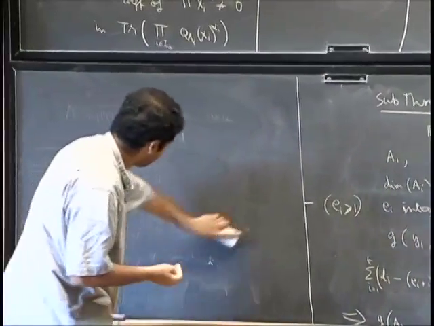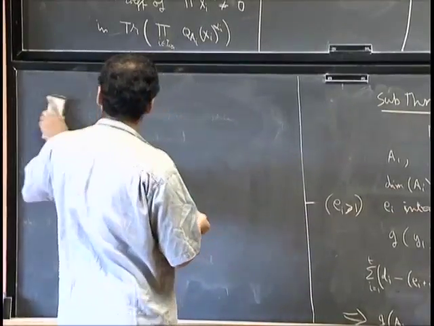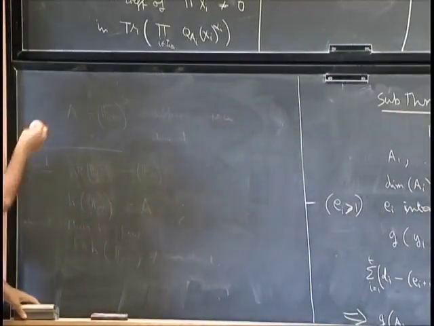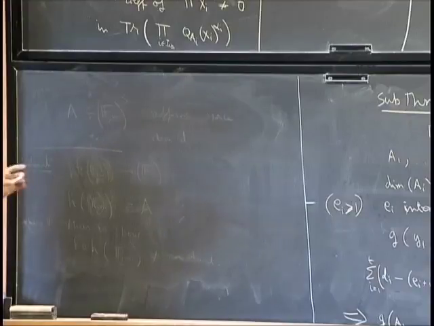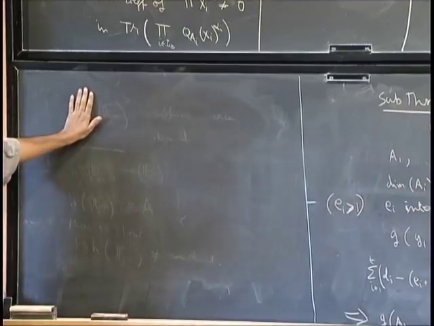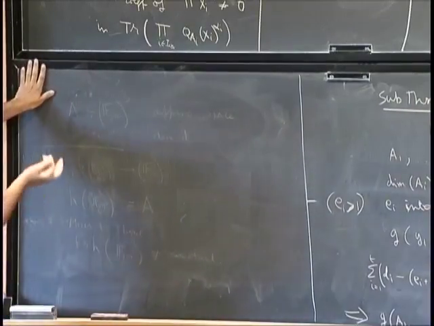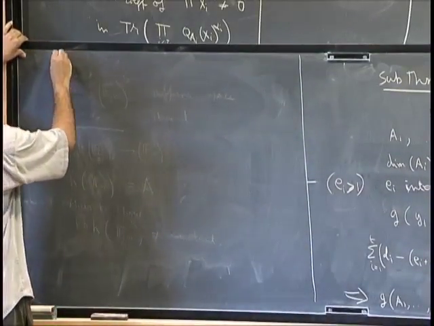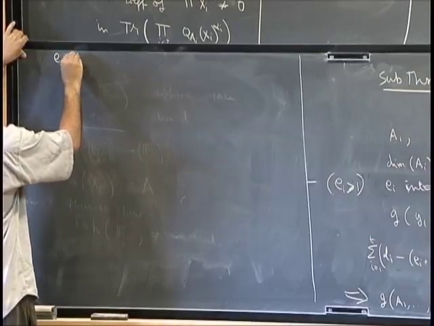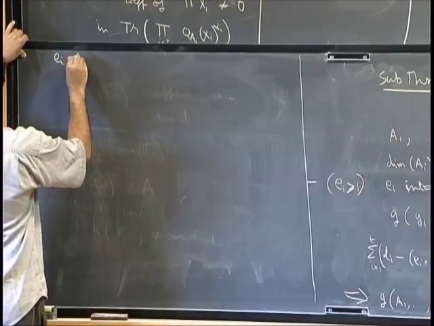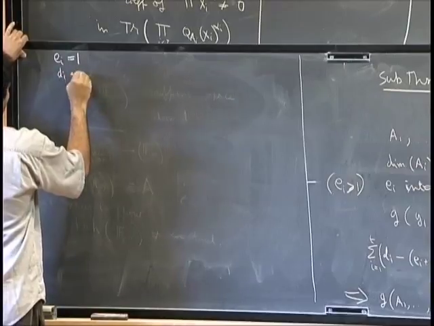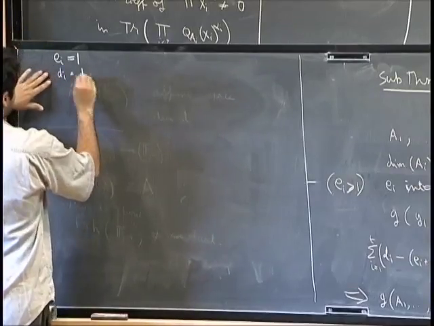So in fact, if you let me, I'll assume all the ei's are equal to 1 and all the di's are equal to the same thing d. The same kind of stuff happens there anyway.